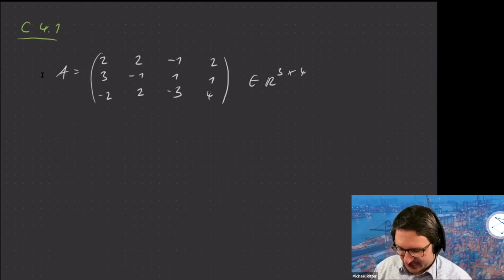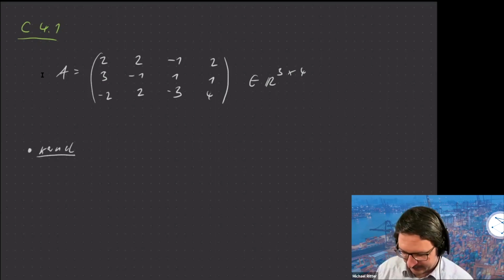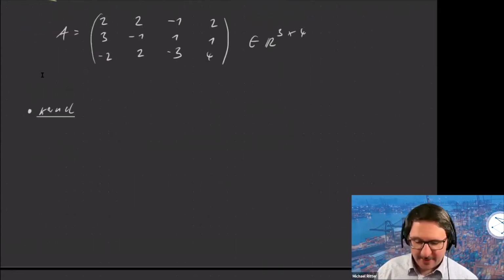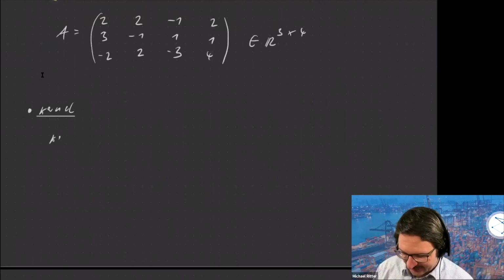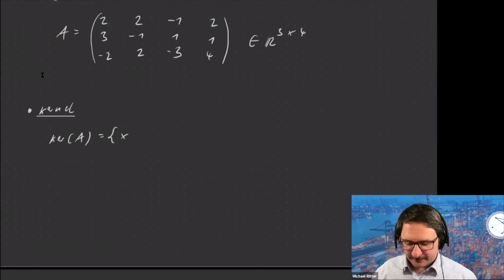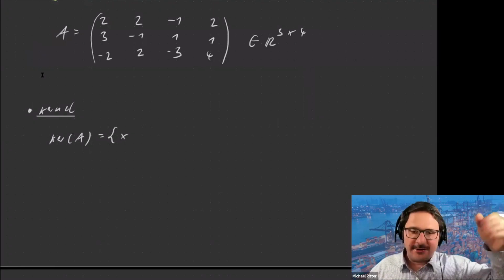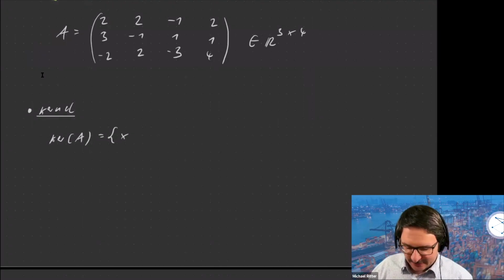So I suggest we start with the kernel. You will hopefully remember what the kernel of a matrix is, just in case you don't. The kernel of a matrix, denoted by ker of A, is defined as all x that can be multiplied to the right of that matrix, so in this case we need A times x, and the result of that multiplication is the 0 vector.